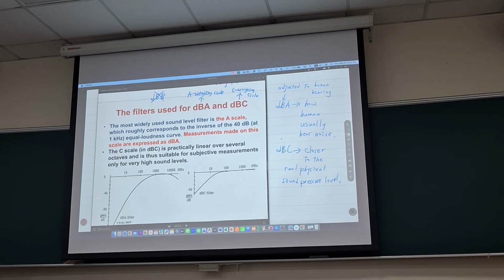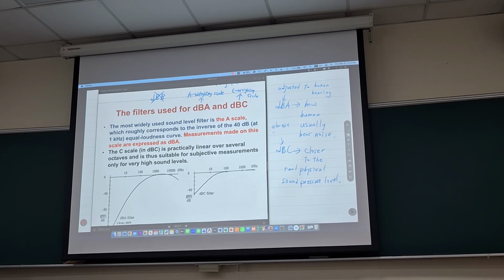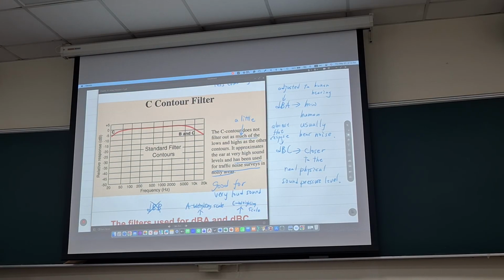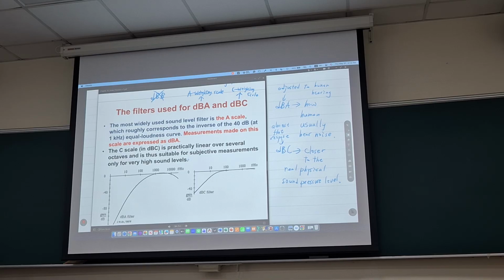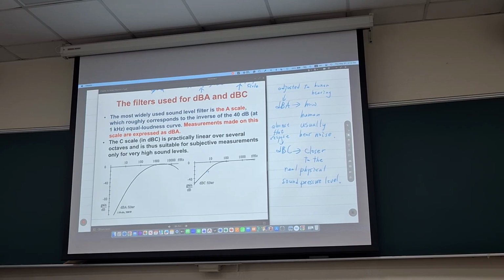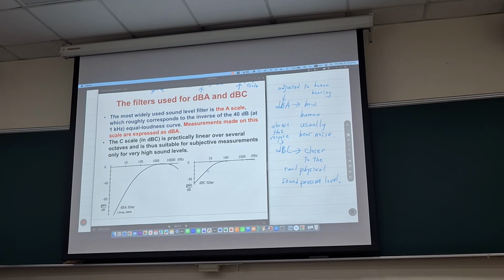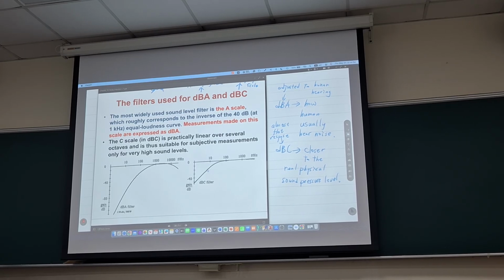And dBC has an almost flat response like this. You see that? So it's good for loud noise, bass heavy sound, less of low to high frequency.